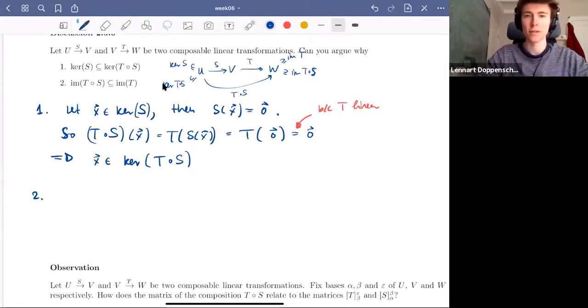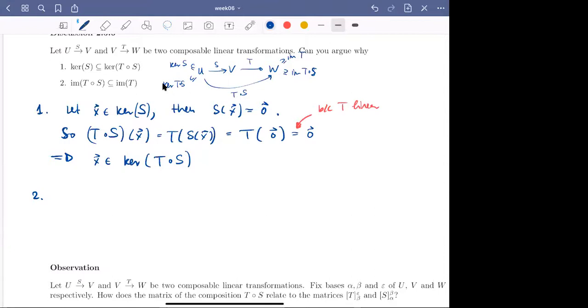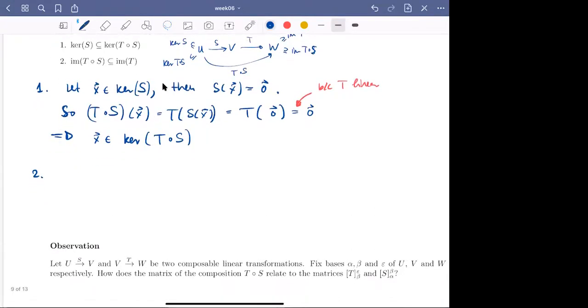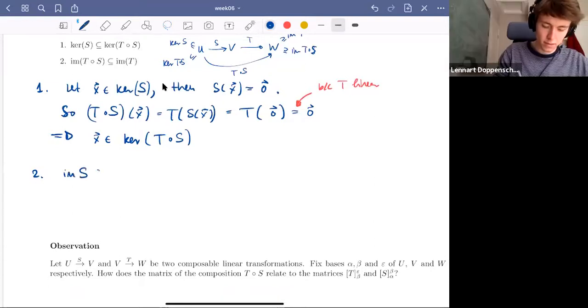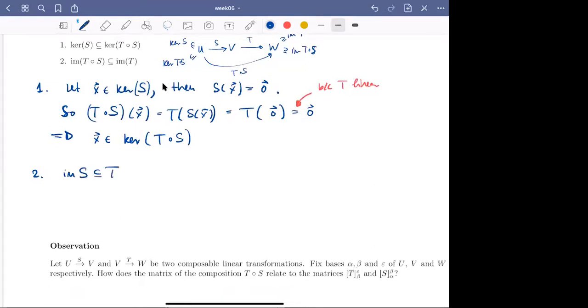Andrew. So I guess we can start by saying that the image of S is a subset of V. Yes. And yeah, so go ahead.